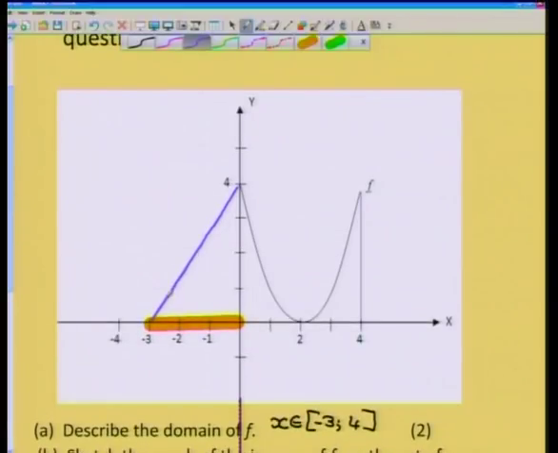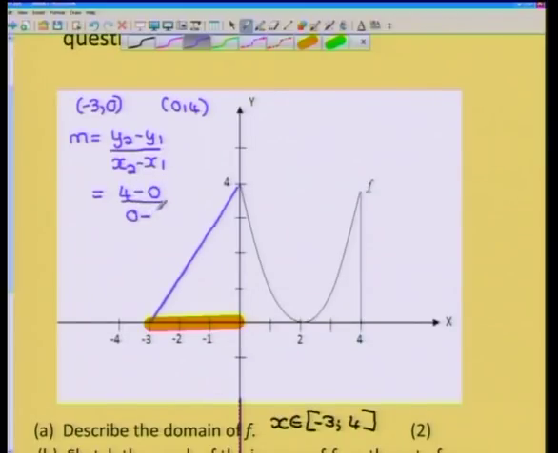Now to find the equation of this line, it's a straight line passing through the point -3, 0 and the point 0, 4. Now we can find the gradient using y2 minus y1 over x2 minus x1, and so we could say it's 4 minus 0 over 0 minus -3, which means we're looking at a gradient of 4/3.